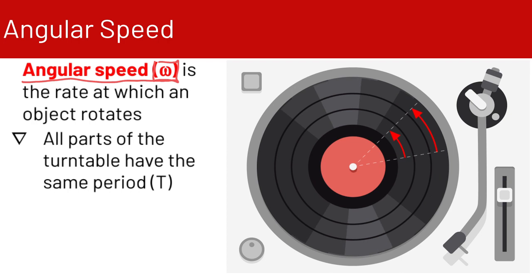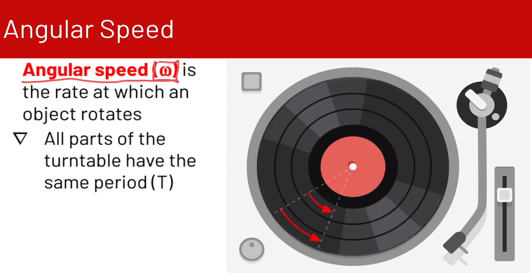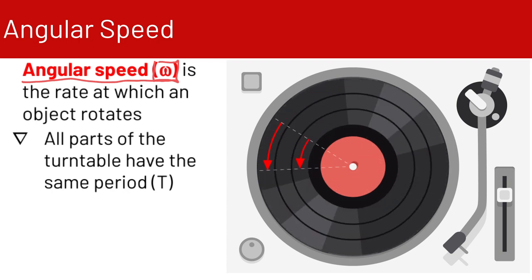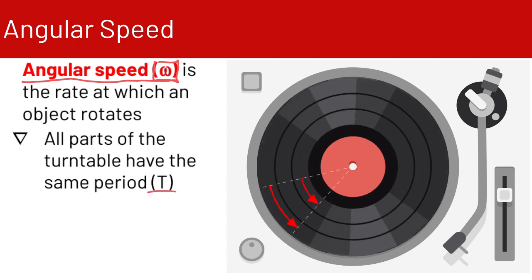So all parts of the turntable have the same period T. So we've looked at this before. We know that the whole turntable is rotating in the same time period. It takes the same time period T.